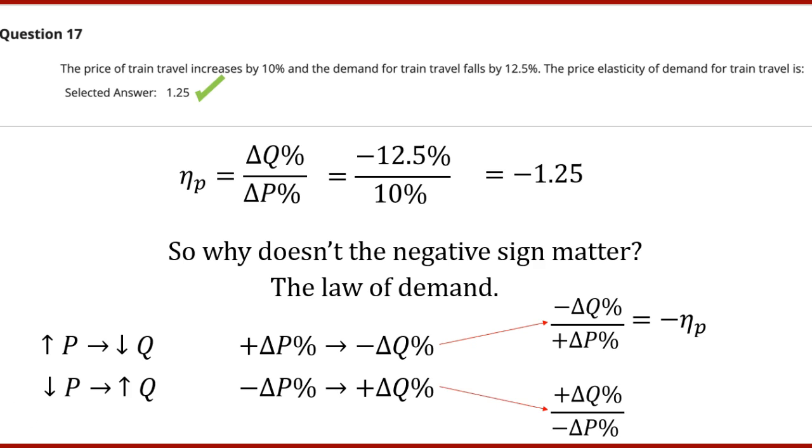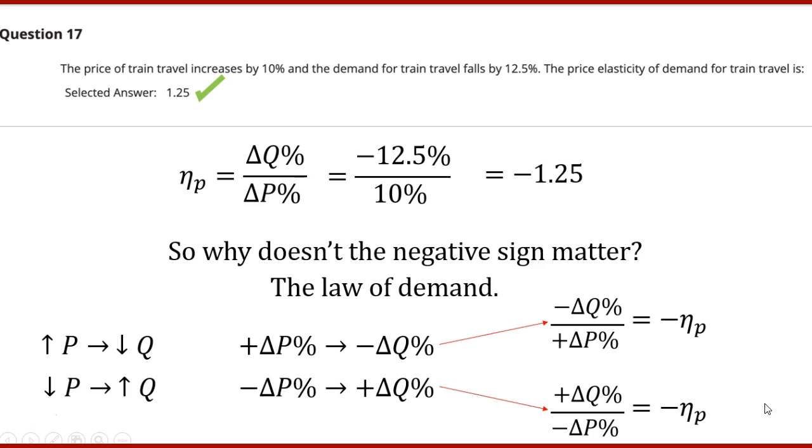So when we write that out, effect over the cause, again we've got a positive divided by a negative. So when we have a positive divided by a negative, we're always going to get a negative answer.